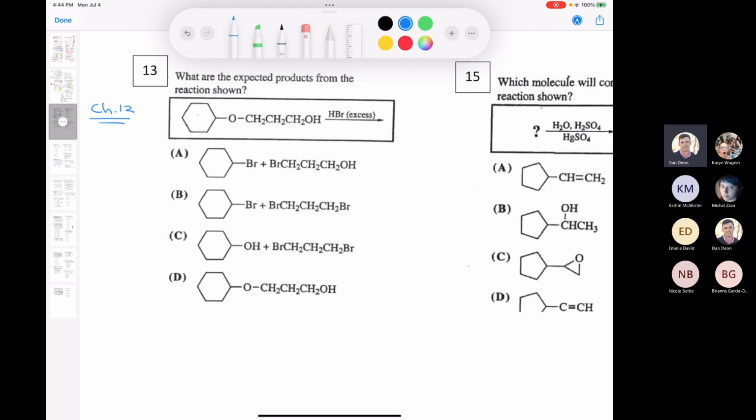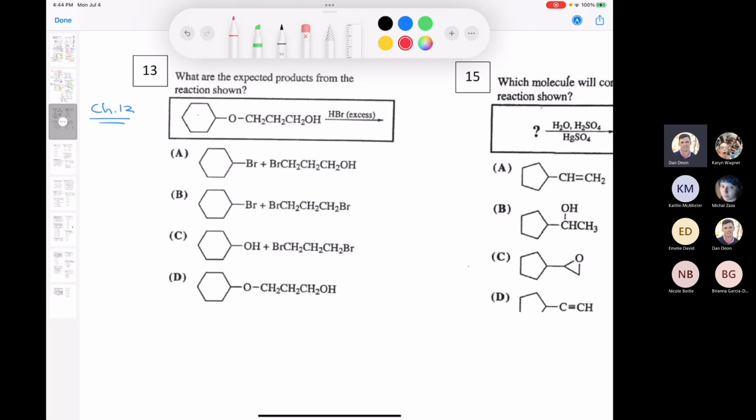There's only one of them that's right, though. Is it A? I don't think it's A, but I think you're in the right vein for sure.